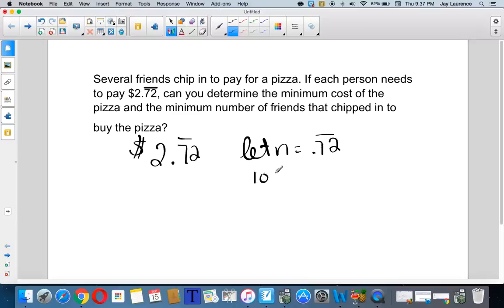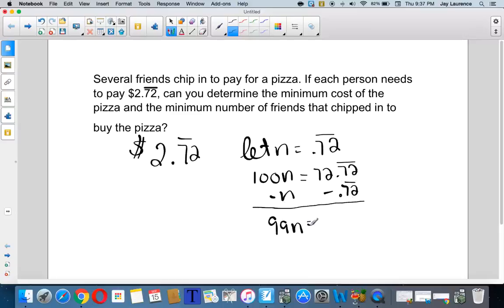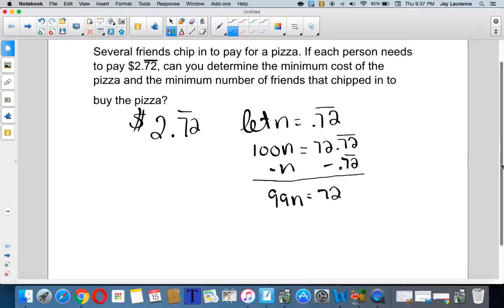So I'm going to multiply by 100, and I'm going to get 100n equals 72.72 repeating. Then, of course, I'm going to subtract n and 0.72 repeating. Okay, so I get 99n, which will equal 72. All right, doing good here.